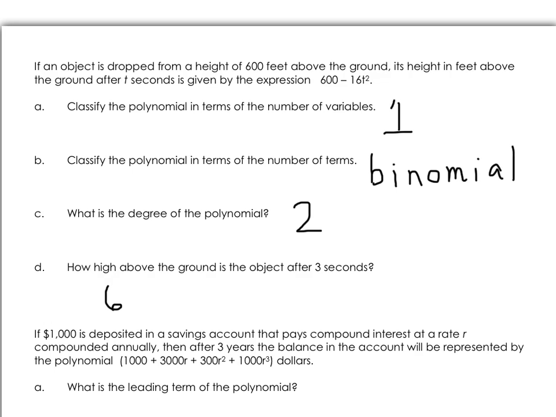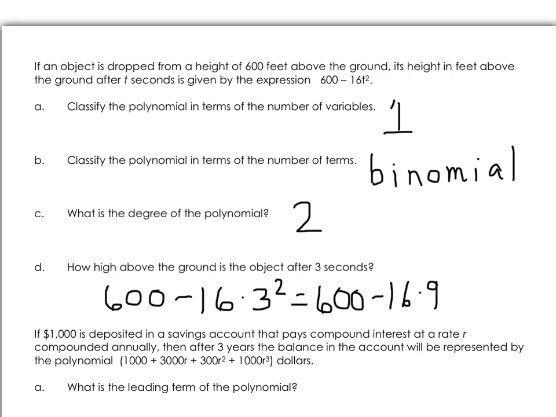So we have 600 minus 16 times 3 squared. 600 minus 16 times 9. 600 minus 144. That's 456 feet.